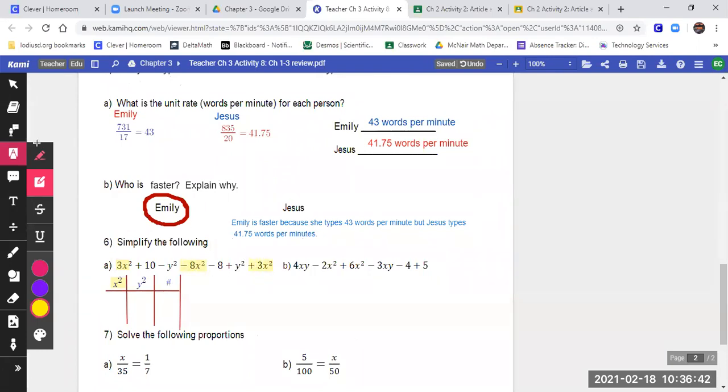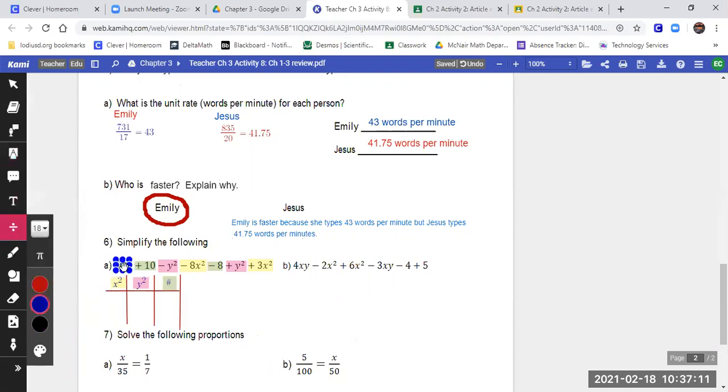Then I see that there's a y squared, and I see a y squared. So he's going to be pink. Does it matter what colors we pick? No. Just that you keep it consistent. Whatever you pick in your question, you pick for your table, or vice versa.